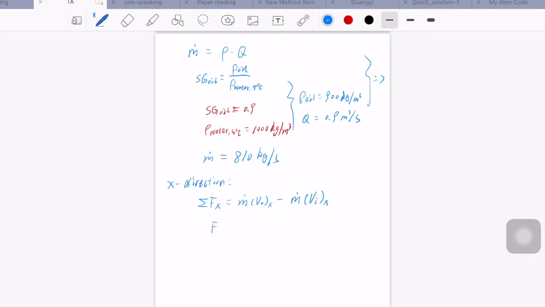So Fx should be equal to m dot times minus v2 times cosine 30 degrees, minus m dot times v1.